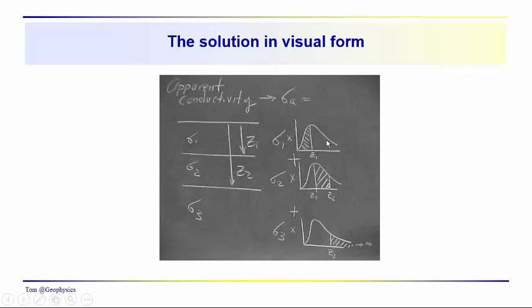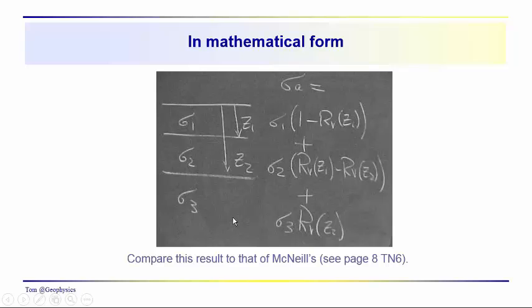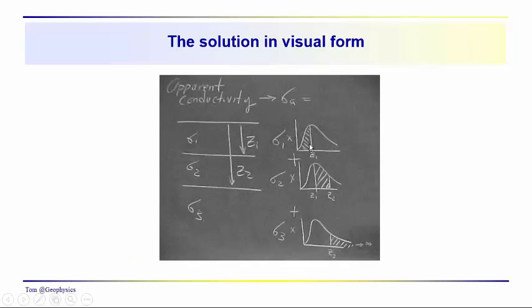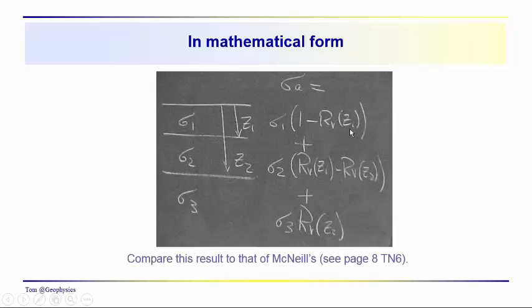And in visual form again, sigma 1 contributes in proportion to this area, sigma 2 in proportion to this area, sigma 3 in proportion to the remaining area. In this case, this is the bottom of the model. And in mathematical form, these areas again are just 1 minus R1, R1 minus R2, and R2.